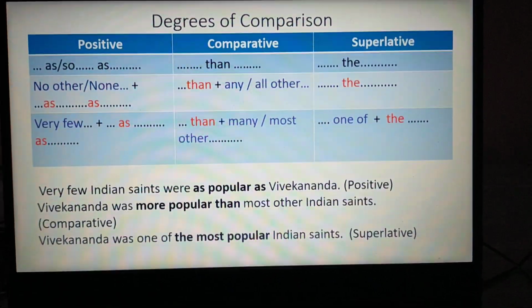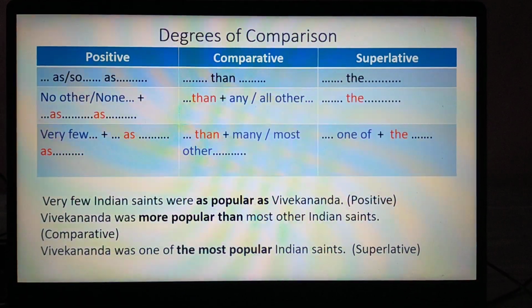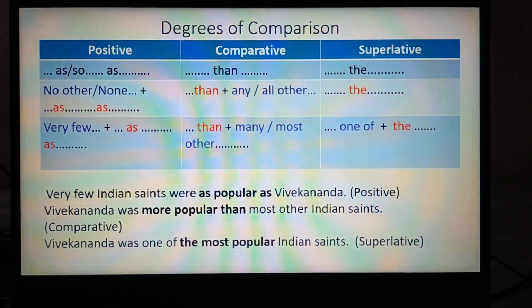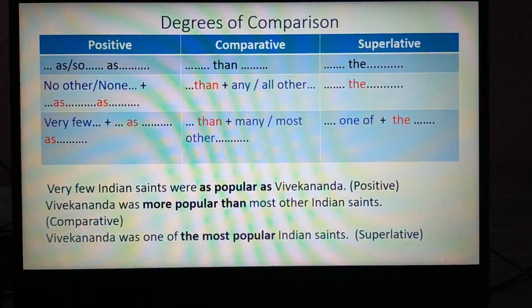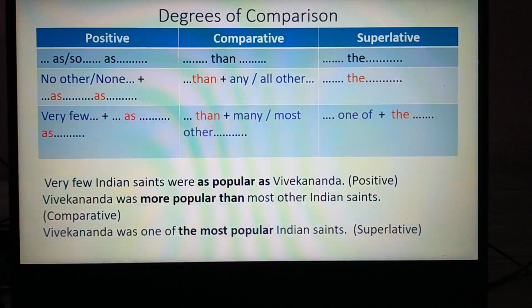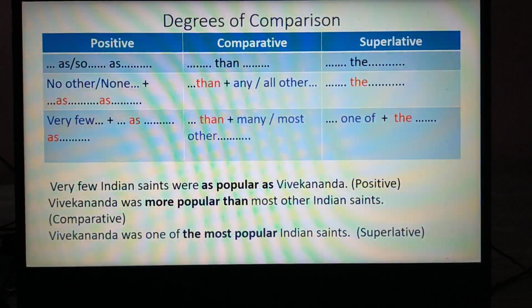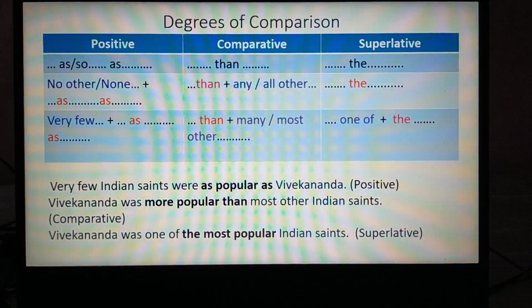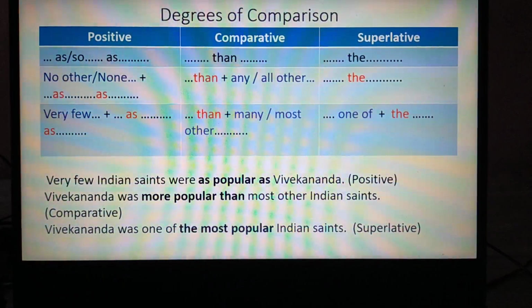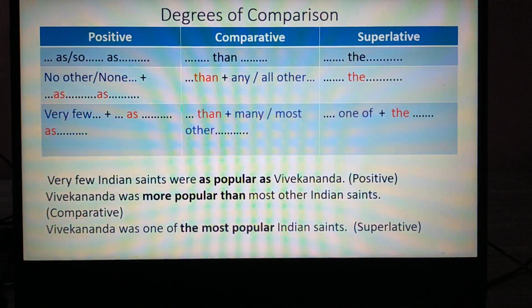So the table will help you a lot. Whenever you are transforming a sentence, make use of the table in the beginning, and as you practice you will understand it, and there will be no need to look at the table every time. It will be very helpful for you.